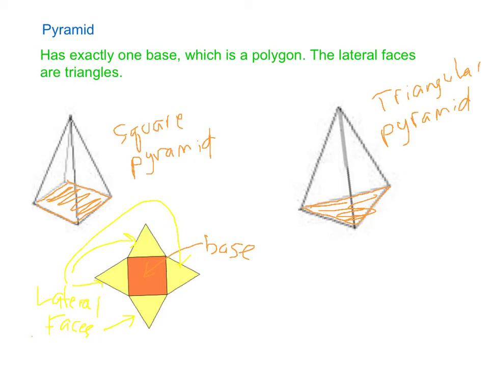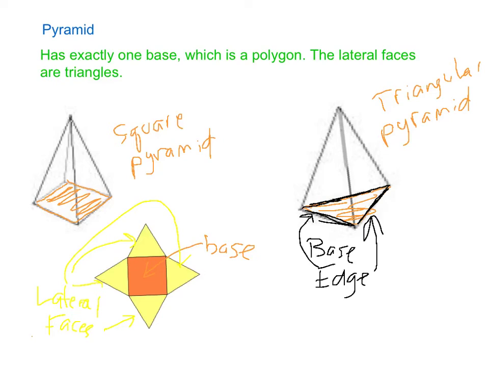If we're looking here at the triangular pyramid, that would be a base edge in black, that's a base edge, and that's a base edge. So those are base edges. In gray here, I'm going to do the lateral edges.